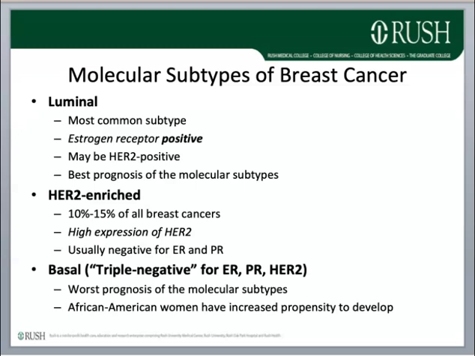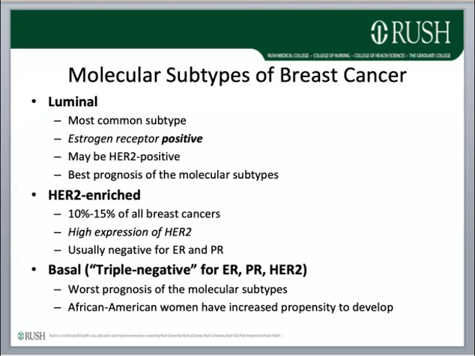The gene expression of these types of tumors most closely resembles the normal breast luminal epithelial cells. So these are estrogen receptor positive. They may be HER2 positive, but these have the best prognosis of all the molecular subtypes.